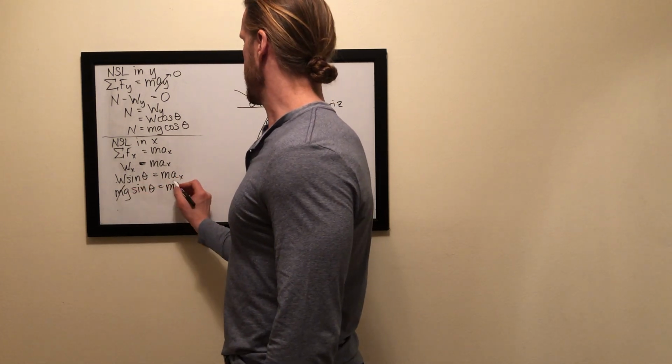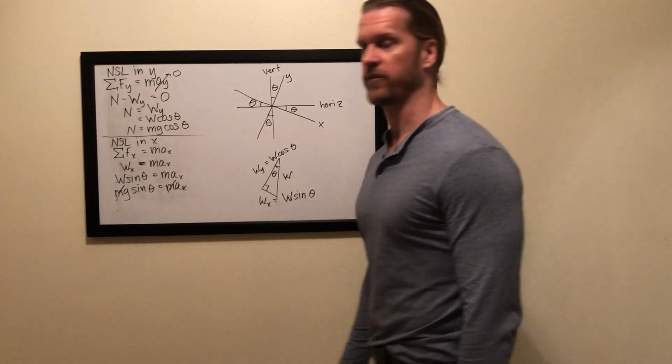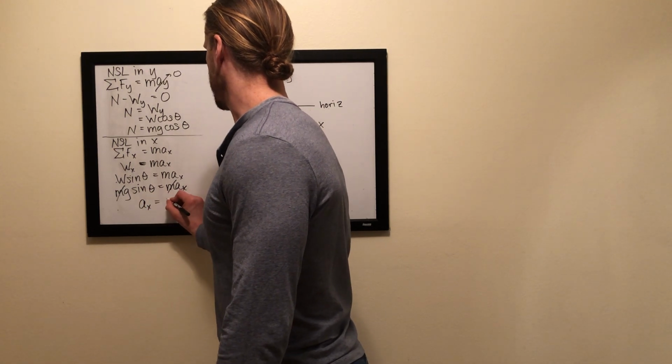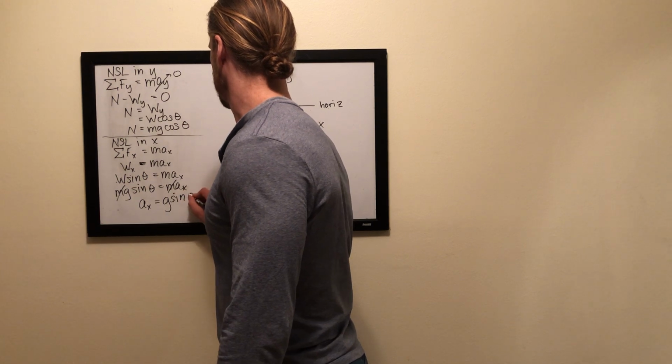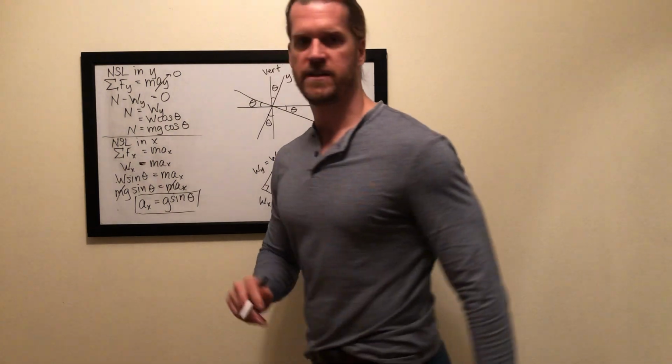Notice these m's cancel out, so we didn't even need to know the mass of the skier, it's irrelevant. And the acceleration of the skier down the mountain equals this expression, g sine theta.